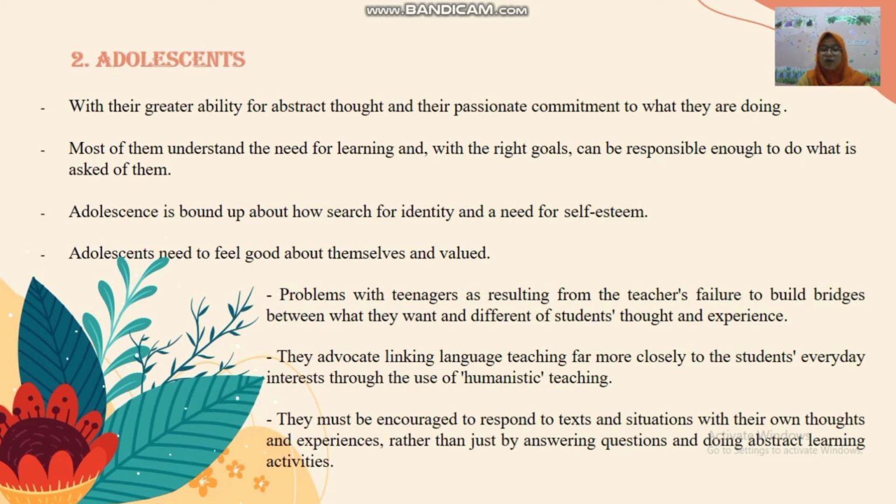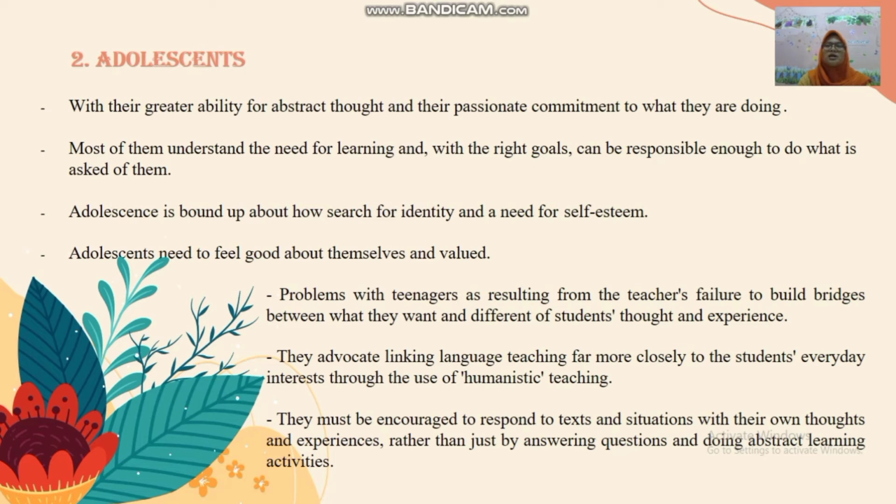And they advocate linking language teaching more closely to the students' everyday interests through the use of humanistic teaching. And the last, they must be encouraged to respond to texts and situations with their own thoughts and experiences rather than just by answering questions and doing abstract learning activities.